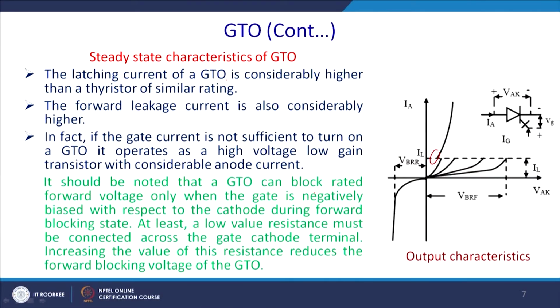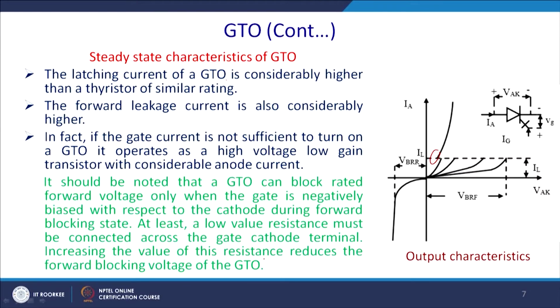It should be noted that the GTO can block rated forward voltage when the gate current is negatively biased with respect to the cathode during the forward blocking state. So, you require to dissipate some amount of energy to achieve its blocking state. At least a low value of resistance must be connected across the gate and cathode terminals.